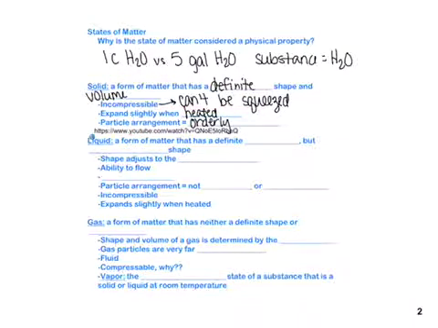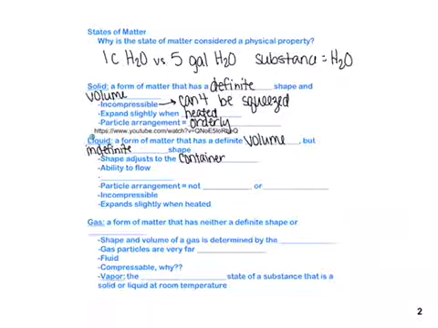Liquid is a form of matter that has a definite volume, but not a definite shape. So we call that indefinite. And the shape will adjust to the shape of the container. If you think about pouring pop from a 2-liter bottle into a cup, the shape of that liquid will change.